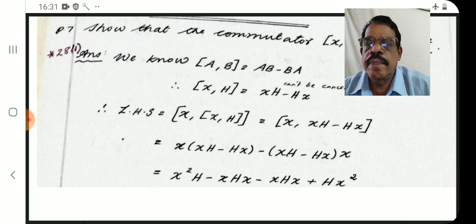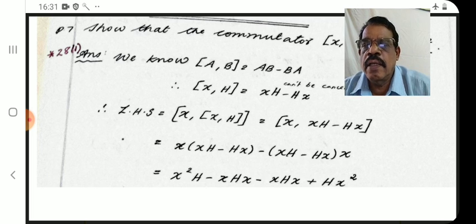That is, x into xH minus [x, xH minus Hx] inside the bracket commutator. You expand, that is equal to x into (xH minus Hx) minus (xH minus Hx) into x.